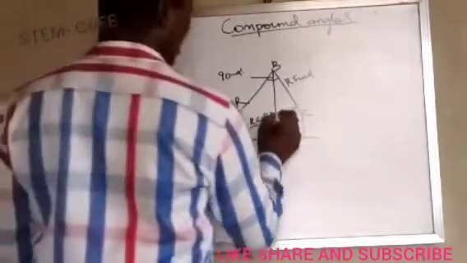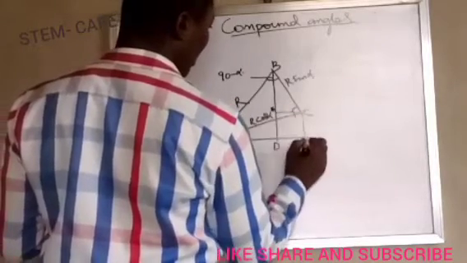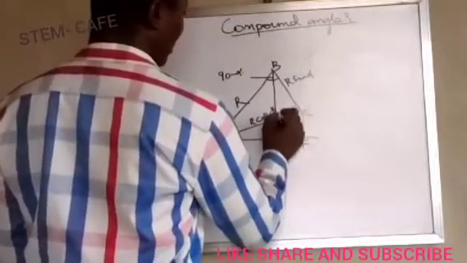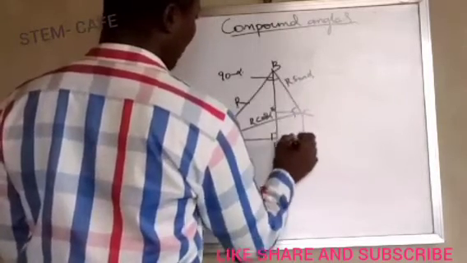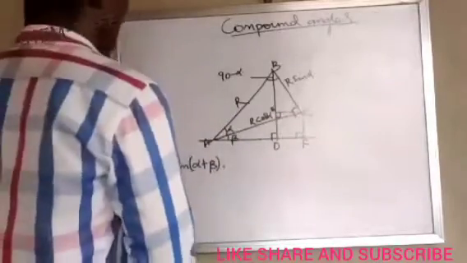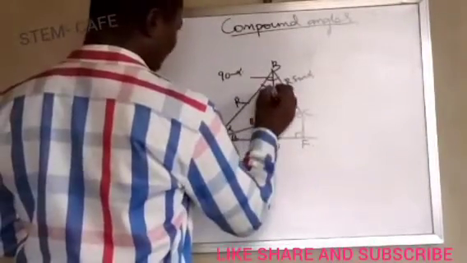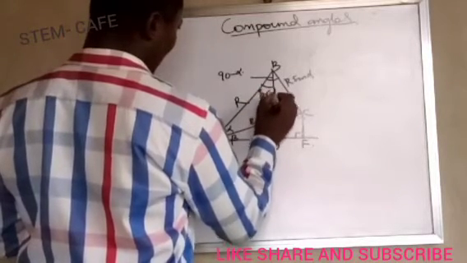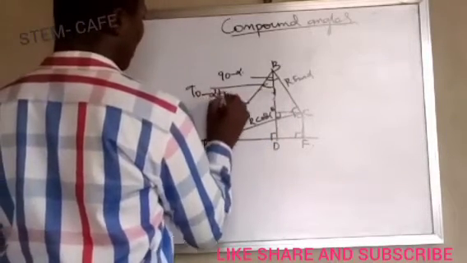But let me now make this place E and this place F. I have a rectangle because this place is a right angle, this place right angle, this place right angle. So I have it like this. If this place is 90 minus alpha fully, this place will be 90 minus (alpha plus beta).